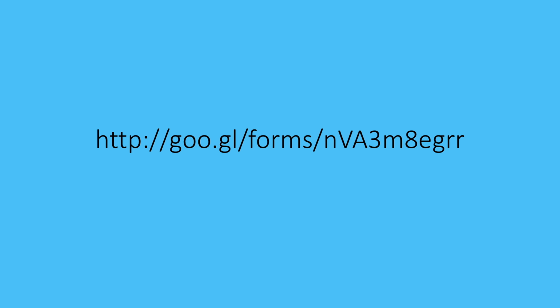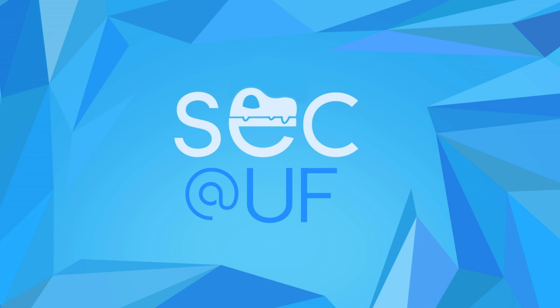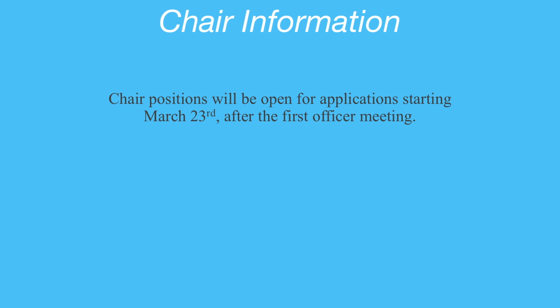Even if you're not looking to be an officer, you still want to run for a chair position. Those chair positions are going to come available, like I said. We're going to have the first officer meeting right after we get elected. On March 9th, we're going to be elected in, and then probably that same week, we're going to get all the new officers together, plan out next year's goals and what they want to see happen, and also write down what type of chair positions we're looking for, whether chairs to go and talk to companies or chairs to be in charge of some event.